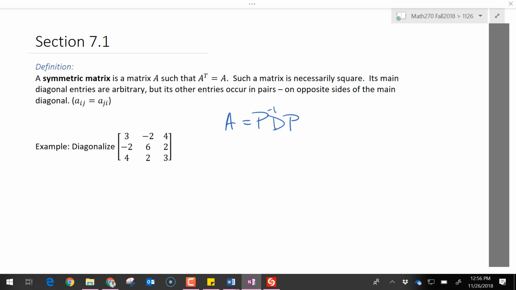And D is your diagonal matrix, a matrix with just zeros everywhere except for the diagonals, and the diagonals are going to be your eigenvalues. P is going to be a matrix full of eigenvectors, and you just have to match them all up. So let's find the eigenvalues.